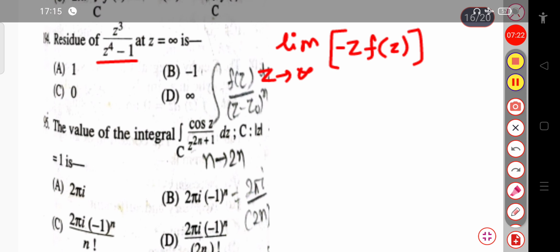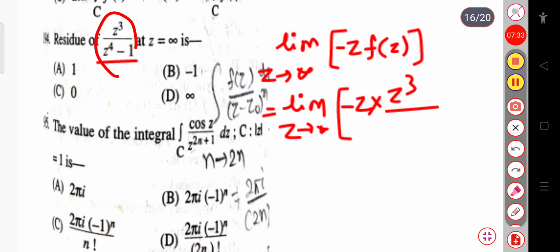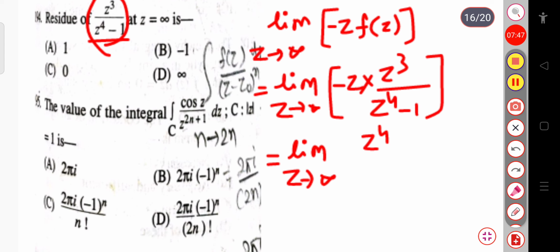You have to just calculate like this: limit z tends to infinite of minus z into z cube, this is your f of z, divided by z power 4 minus 1. This z cube into z will be z power 4. And if I write this, limit z tends to infinite, this is simply z power 4 divided by, if I multiply the negative sign, 1 minus z power 4.